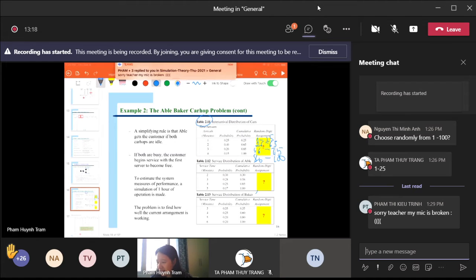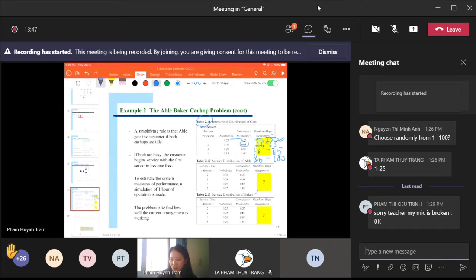So the probability to get any of these 25 numbers out of 100 numbers would be 25%. Similarly for the next one, we can look at the cumulative probability for the last number in the range. Thanks.